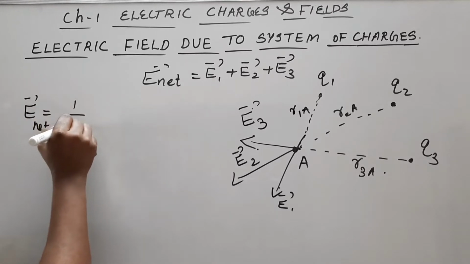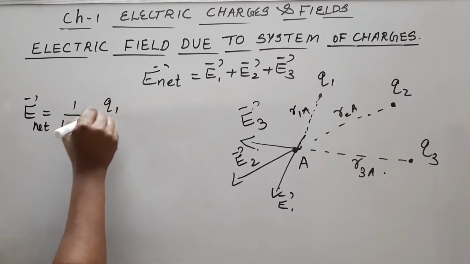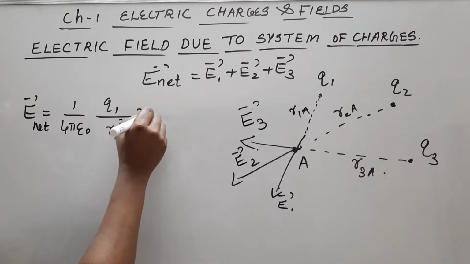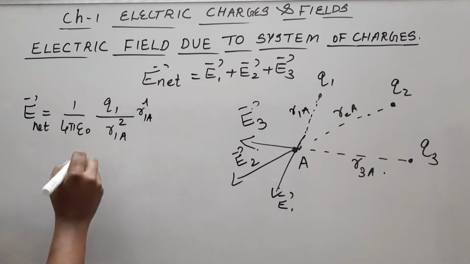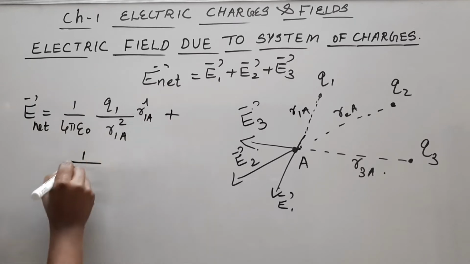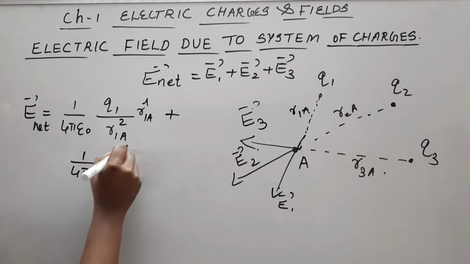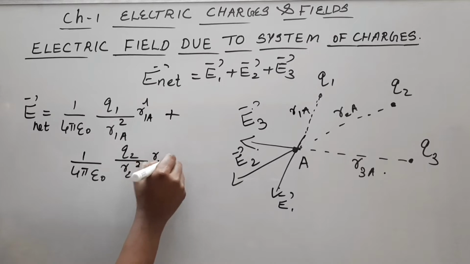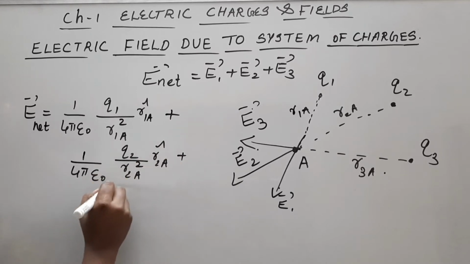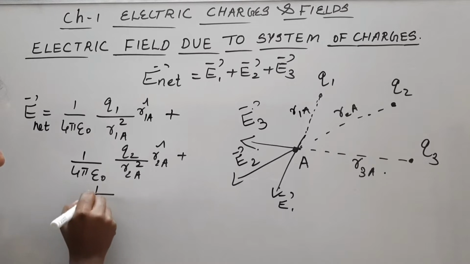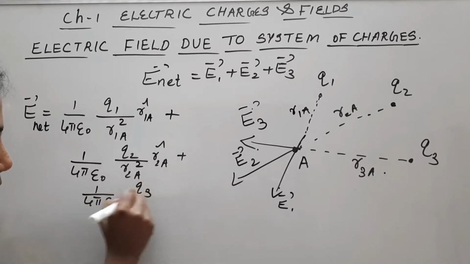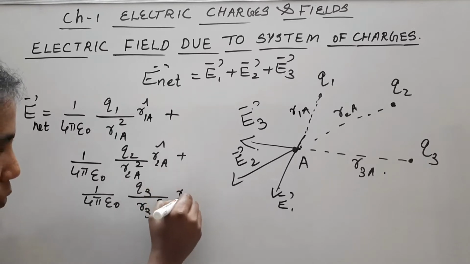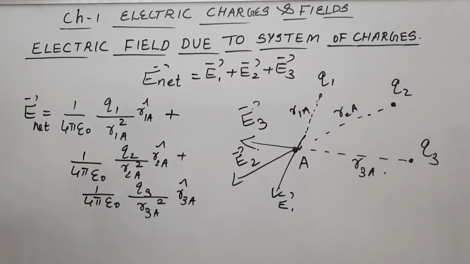E1 will be 1 by 4 pi epsilon 0 Q1 divided by R1A square into R1A cap, where R1A cap is the unit vector, plus the second term, 1 by 4 pi epsilon 0 Q2 divided by R2A square into R2A cap, where R2A cap is the unit vector, and the last term, 1 by 4 pi epsilon 0 Q3 divided by R3A square into R3A cap, where R3A cap is the unit vector.